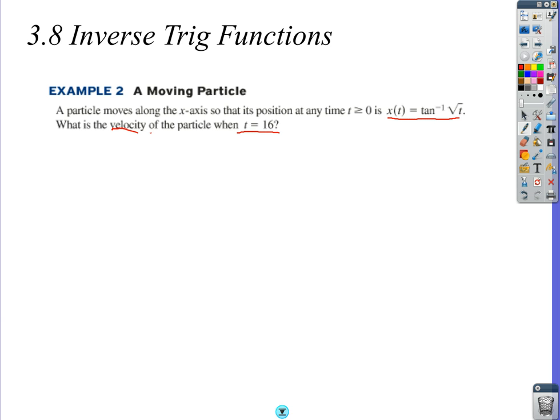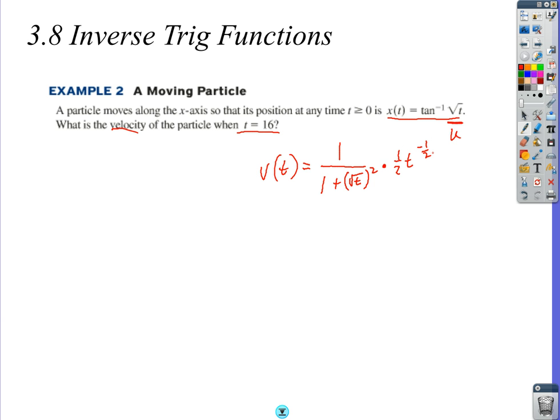So my velocity is going to be equal to 1 over 1 plus u squared. Here's my u, the square root of t, squared, times the derivative of u, which is 1/2 t to the negative 1/2.